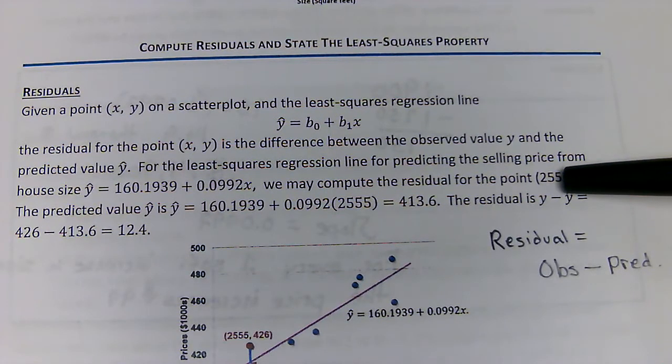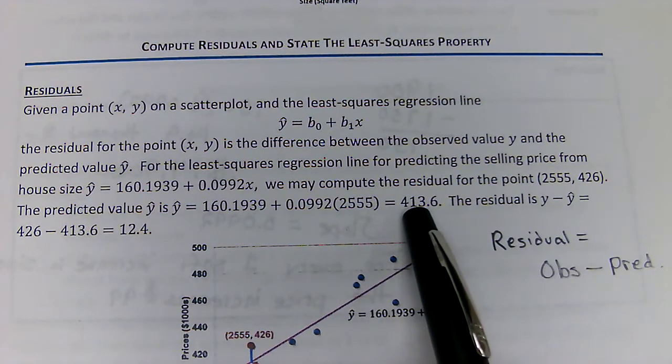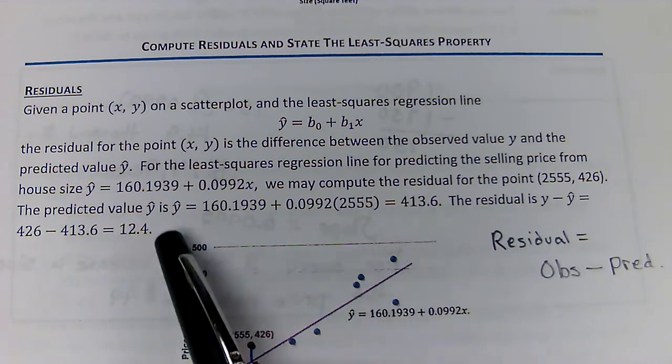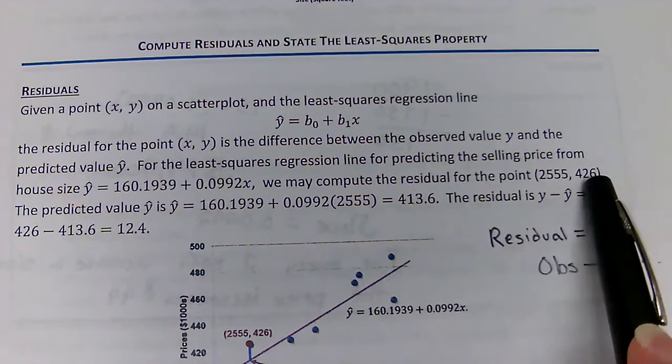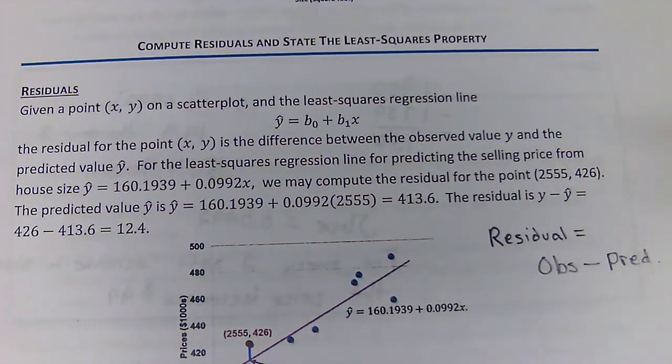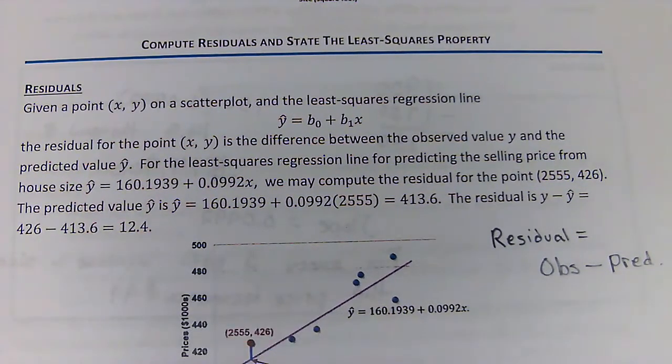Well, if I plug that X value into my equation, I get 413.6. That's the predicted value, that Y hat. That's our prediction. But we know it actually sold for 426. So the residual is the difference between what was observed, the 426, and what we found.